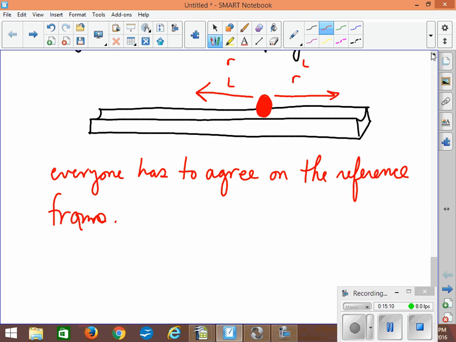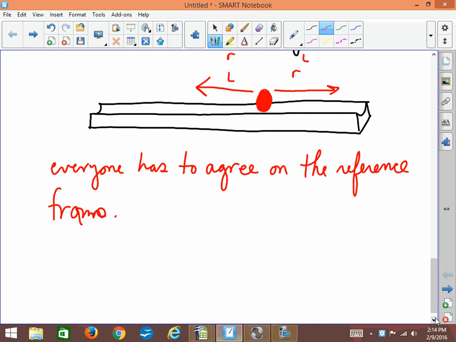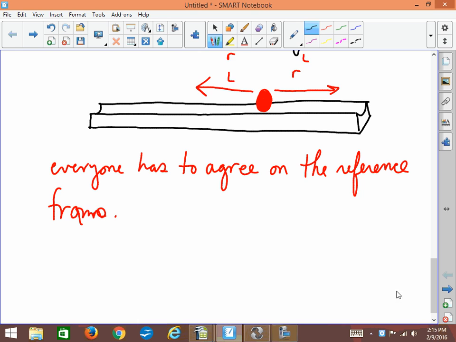Okay. So now we'll talk about some of the different reference frames that you can get. Well, if we go back to our picture of the ball on the little stick, moving back and forth, the ball in the first scenario has one choice to make. So let's move this down a bit.